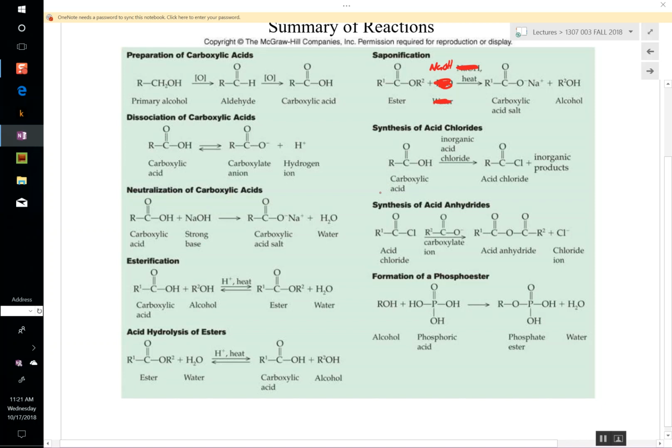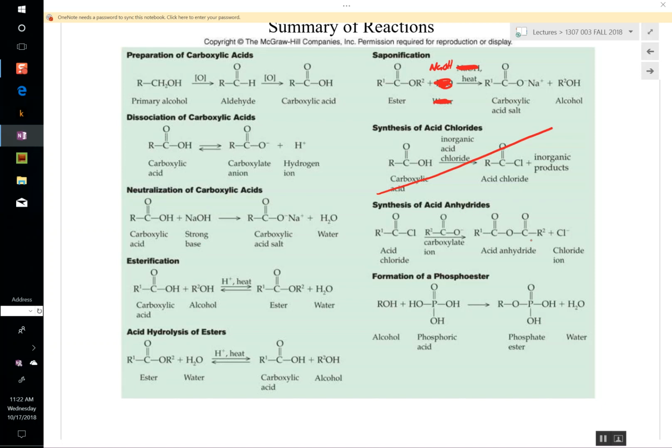All right, I didn't really go into this reaction. You can form acid chlorides. You can convert carboxylic acids to acid chlorides. You can react the acid chloride with the carboxylic acid and form an anhydride. You can see the anhydride. You've got a carbon-oxygen double bond, oxygen, carbon-oxygen double bond, right in a row.